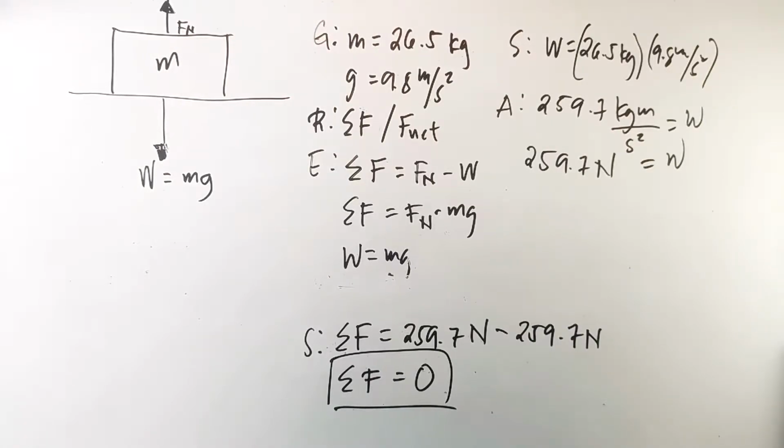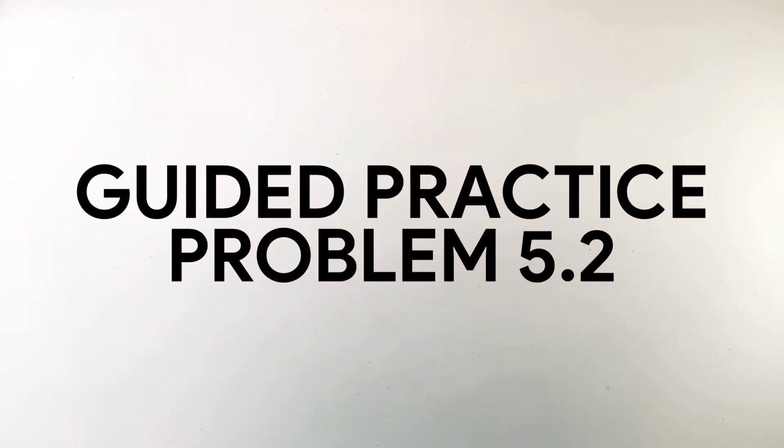Okay, so let's have another example. Second example, according to the problem, we have an ice puck sliding.